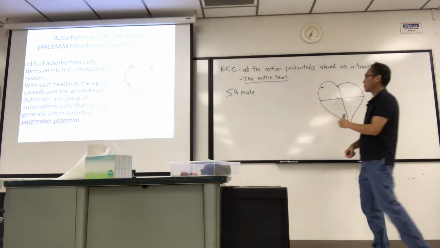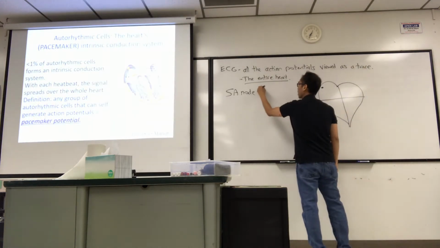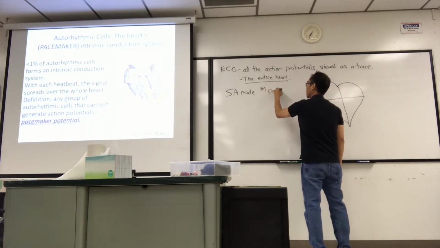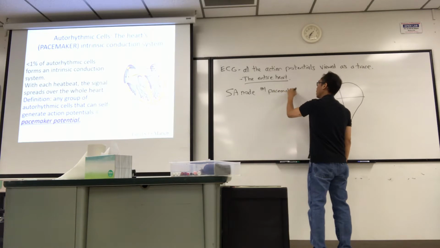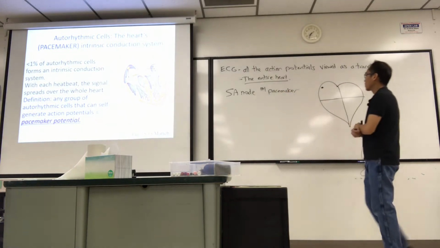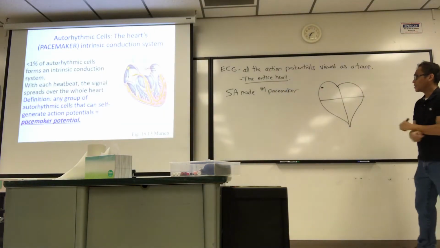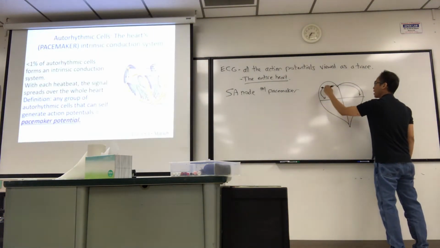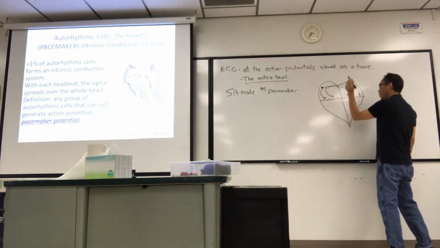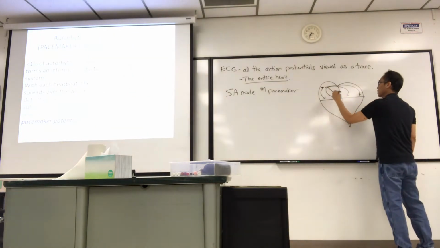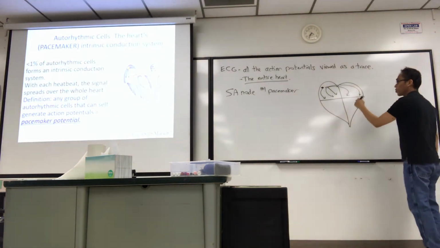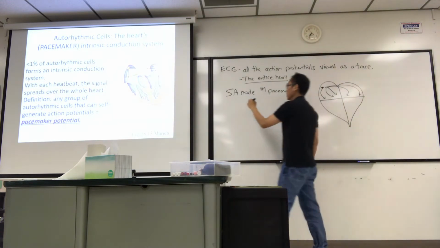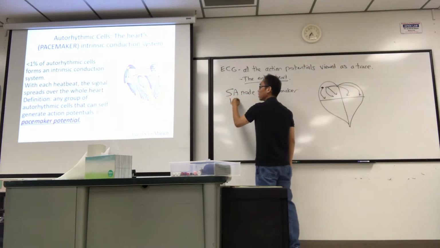It's your number one pacemaker. So the signal starts in the atria, and it'll spread all the way through all the atria. They call these internodal pathways, these arrows I'm drawing.